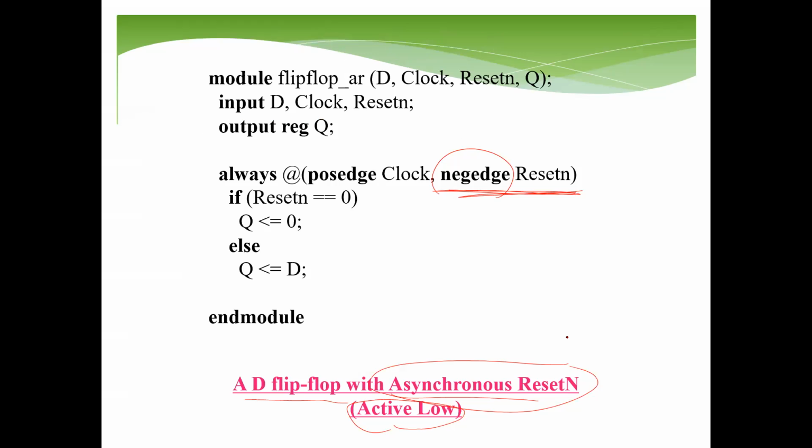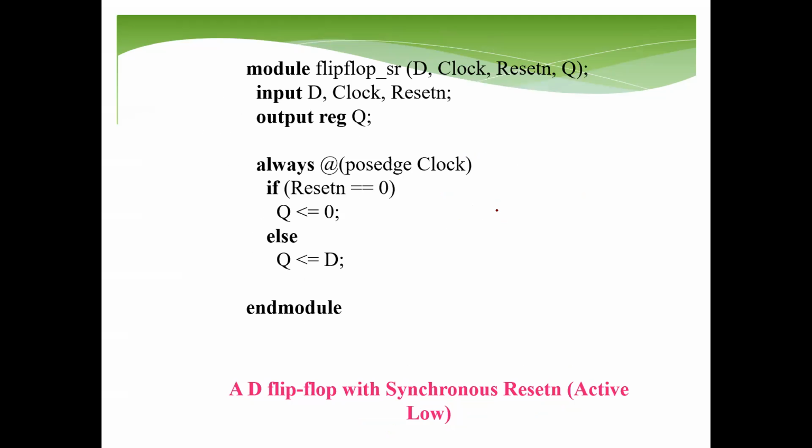If you're using active high reset, this should change to positive edge. Now for synchronous reset, the sensitivity list will not contain reset. We will only check reset when we enter the always block. Okay, so that's synchronous active low reset and asynchronous active low reset in these two slides. Both were mentioned before.